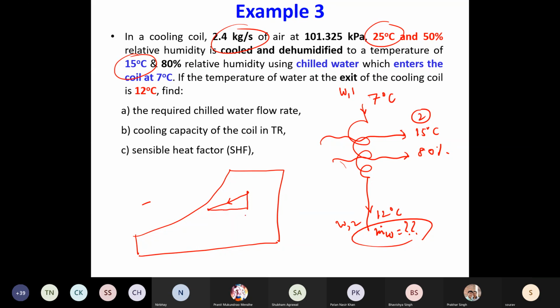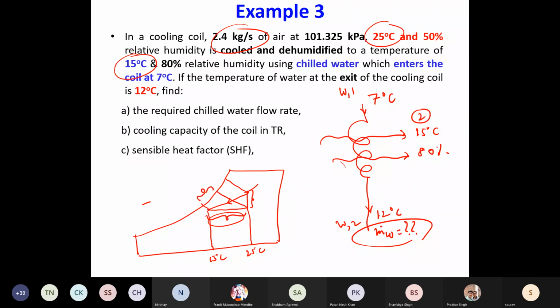This is your latent component, this is your sensible component. This is 15 degrees C, 25 degrees C, and whatever relative humidity lines pass through this. So just determine this value, and you already know what is the total enthalpy change across the moist air.